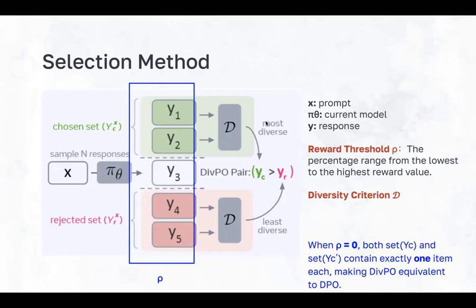So what does it do? First, we get some chosen set like before, and according to the rule, the rule is a percentage range from the lowest to the highest reward value.